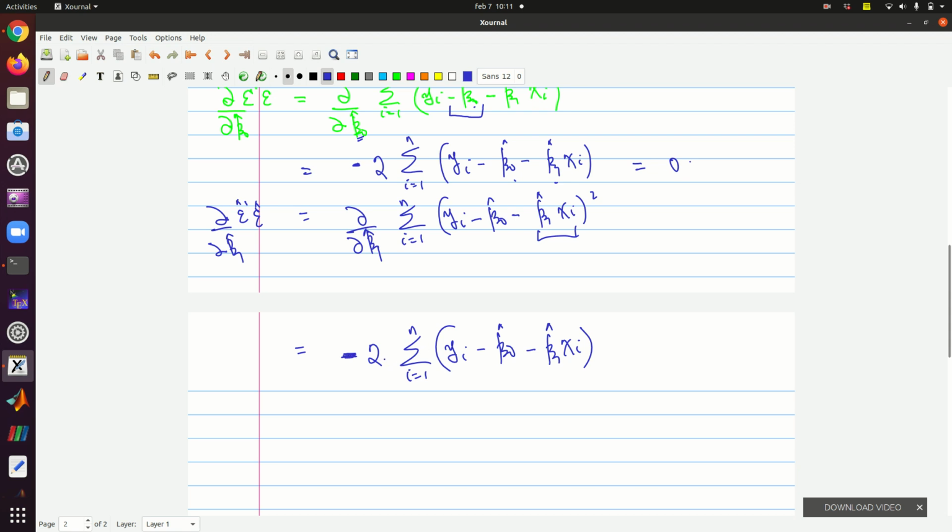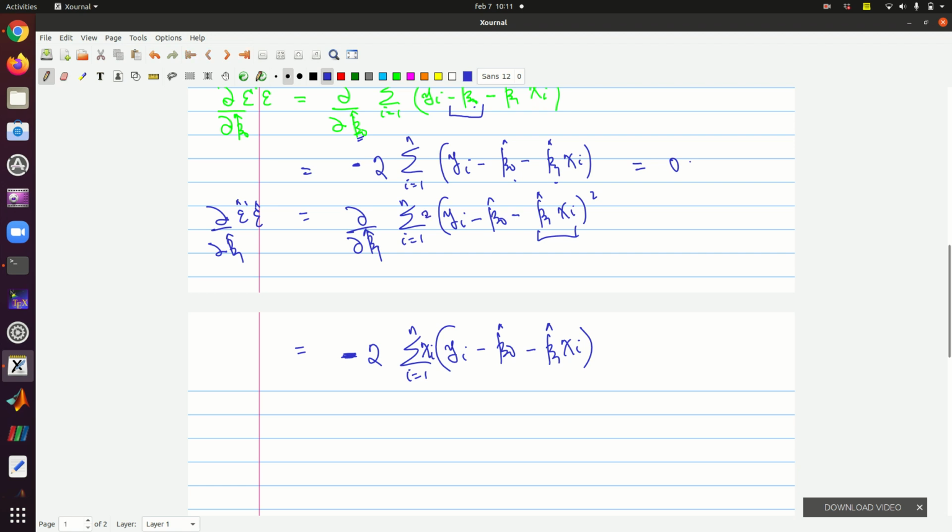Well, I can put the xi out of the bracket, out of the summation, but I can as well put it in the summation here. So can I actually put it out of the summation? No, I cannot put it out of the summation, because we are summing over the index i. The 2 is a constant.